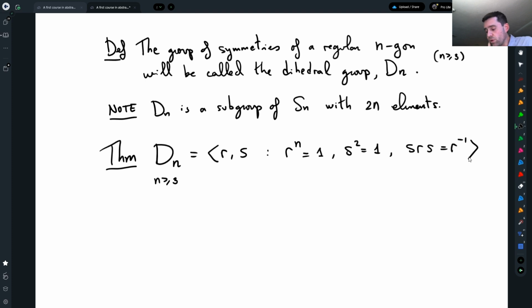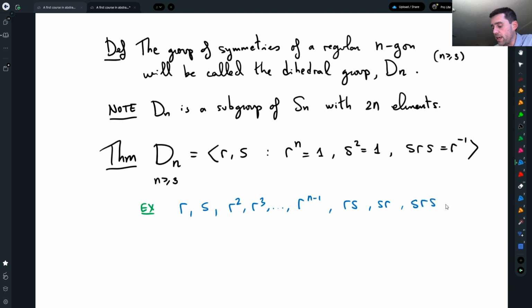What does this mean? What this means is that Dn is any possible combination in these letters. So, for example, elements of Dn will be R and S and R squared, R cubed, up to R to the n minus 1, and then R to the n is 1, so that is the identity element. And then we can have other elements such as RS or SR or SRS, but this one is R inverse.